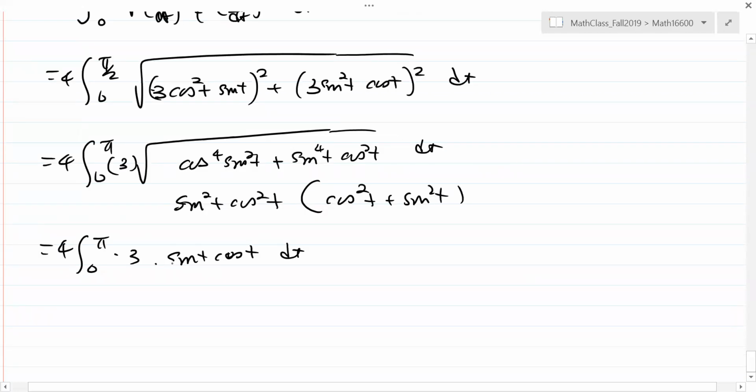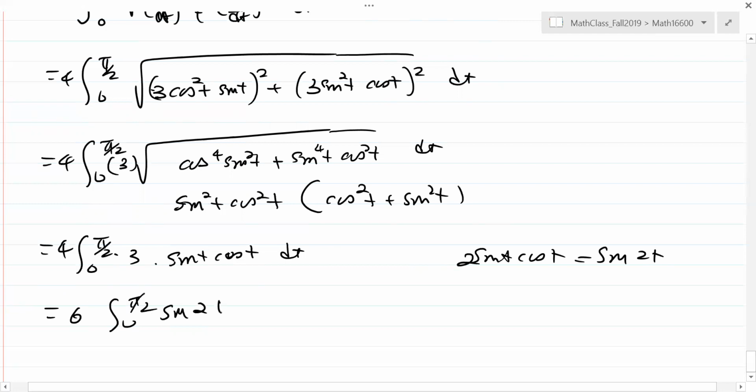And no radical then, right? Then you change sine t cosine t to sine 2t over 2. So it's going to be 6 from 0 to half pi of sine 2t dt.